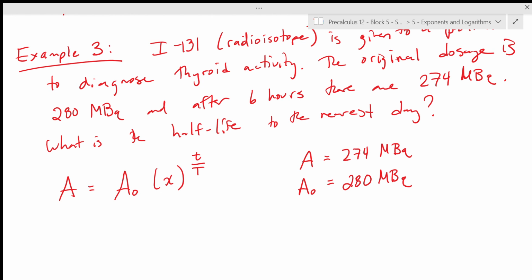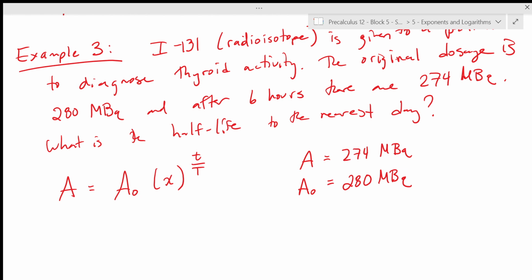So I know that hours, and we want to give our answer for half-life to the nearest day, is not the same. So we have 6 hours, and which of our two t's is that going to be? Little t is the total time the item is left, and big T is the time of growth or decay.